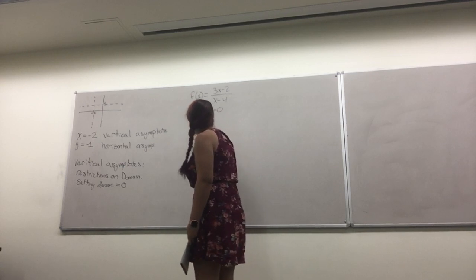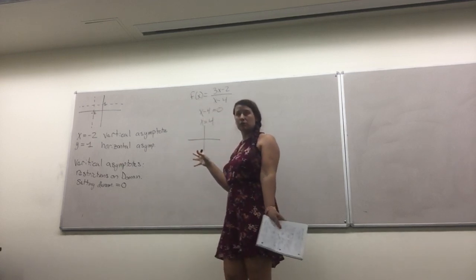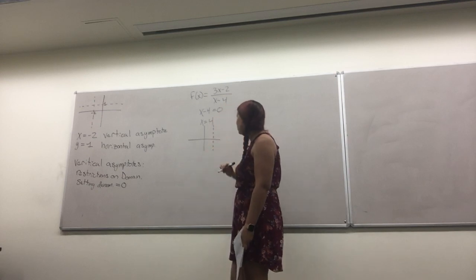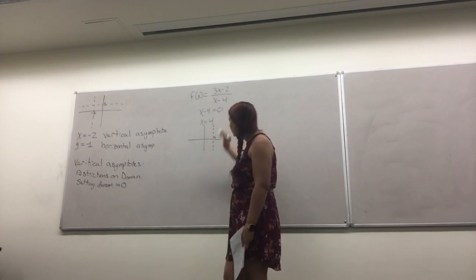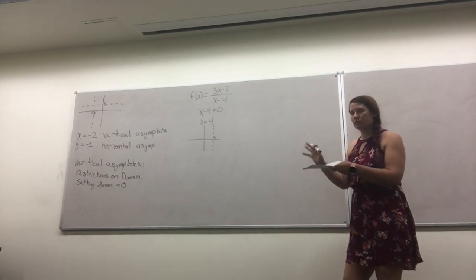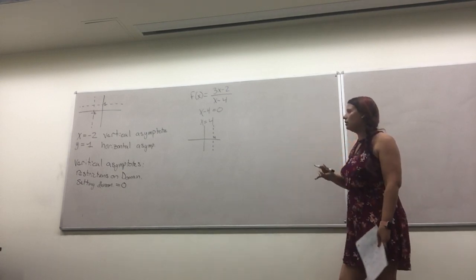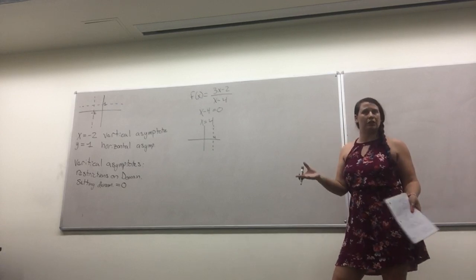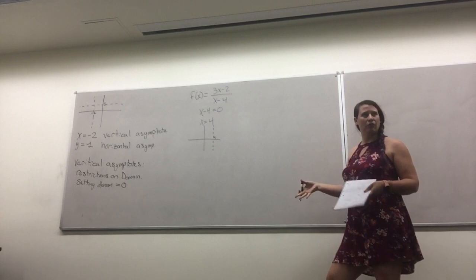So that means graphing the asymptote would be at x equals 4, so just right here, if this is 4. Okay? And then there's more to it, obviously, with the graph, but that's just the vertical, and that's all we're looking at right now.